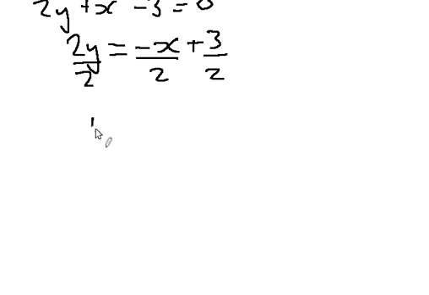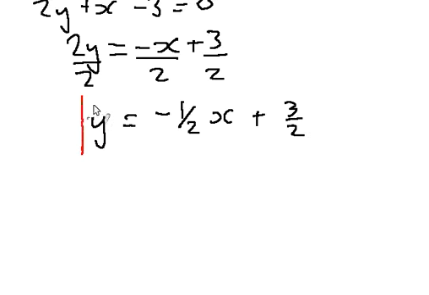Okay, and what do we get? y equals minus a half x, which can also be written as minus x over 2. Those two are the same thing. I'm just taking x to be on its own. And then plus 3 over 2.